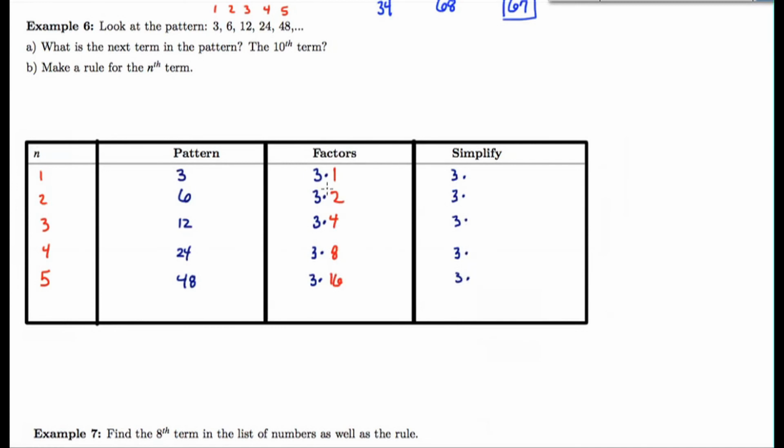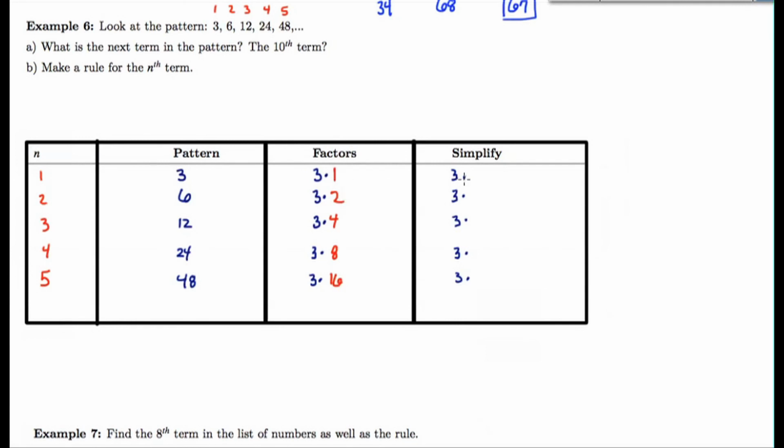Do you see the pattern here going from 1 to 2 to 4 to 8 to 16? How can we rewrite this as an exponent? So 2 to the second, I know 2 squared is 4. 2 cubed is 8. 2 to the fourth is 16. 2 to the first would be 2.